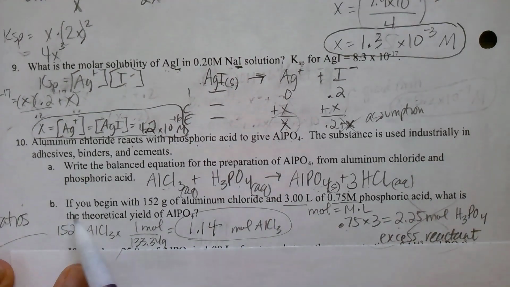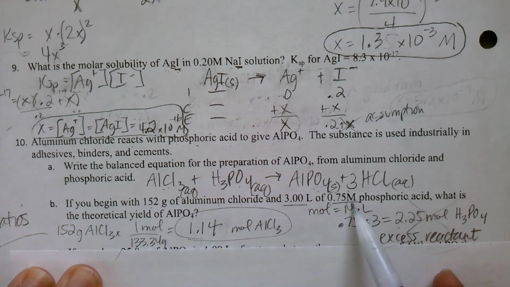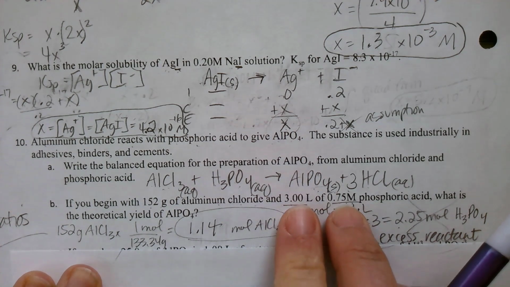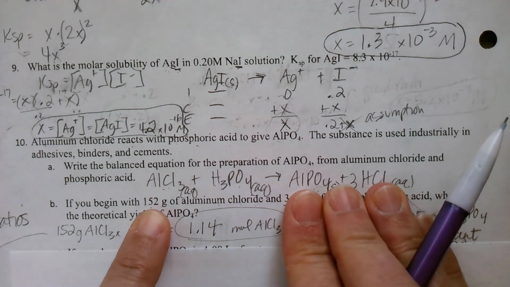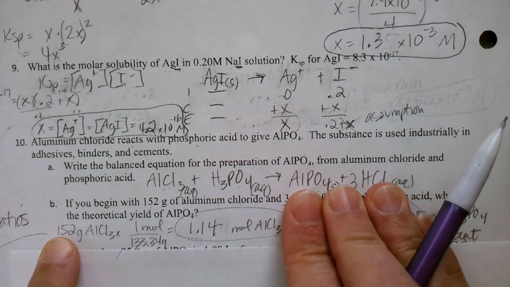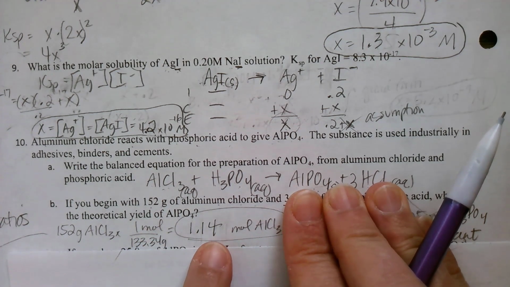For part B, it says if we begin with 152 grams of aluminum chloride and 3 liters of 0.75 molar phosphoric acid, what is the theoretical yield of aluminum phosphate? Well, I'm going to start first with this 152 grams, because we know if I have 152 grams, I can get to moles of that aluminum chloride.